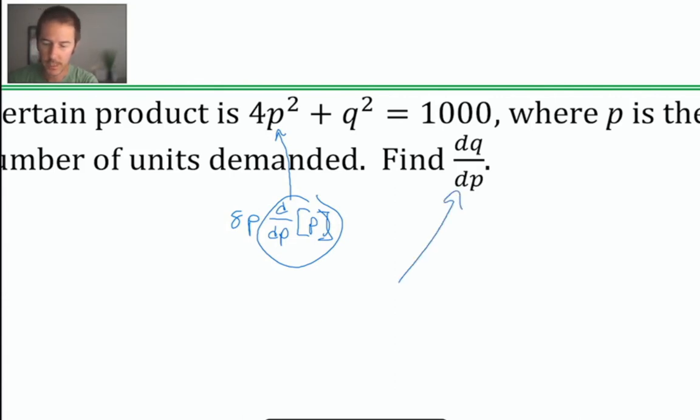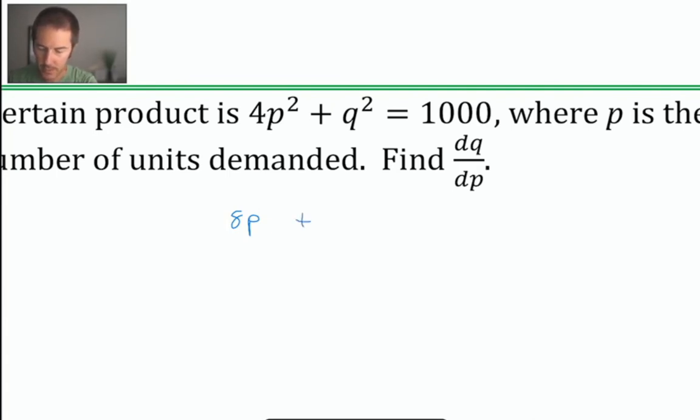We're looking for dq/dp. Also, the rate of change of p with respect to p is certainly 1. As p changes, p changes. So in many ways, there's a good indicator that this is not the time when we need to be taking the derivative of the inner function. So that's it. It's just 8p.